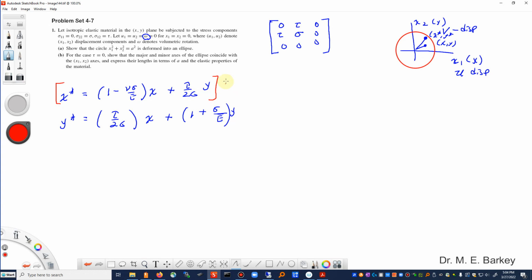Then I'm going to multiply this entire equation by 1 plus sigma over E. And then I'm going to multiply the bottom equation by minus tau over 2G. And then I'm going to add these two together.